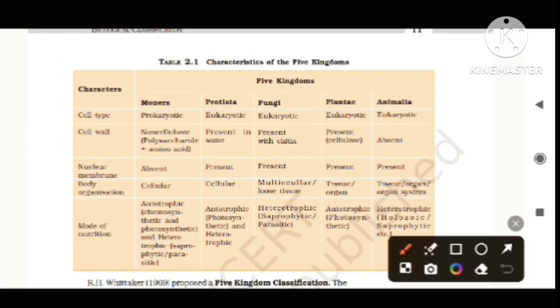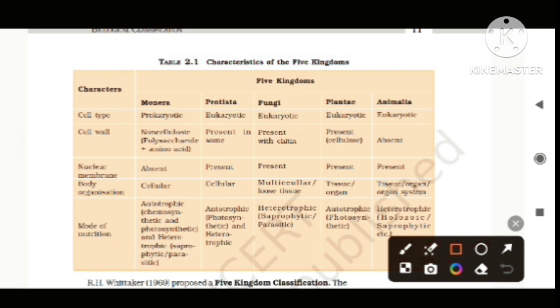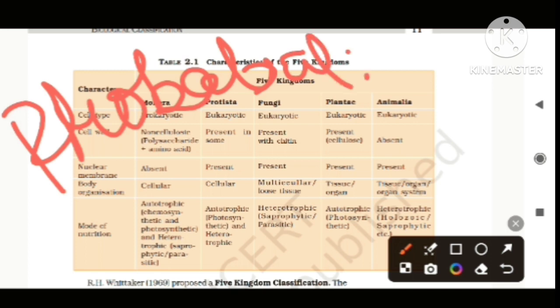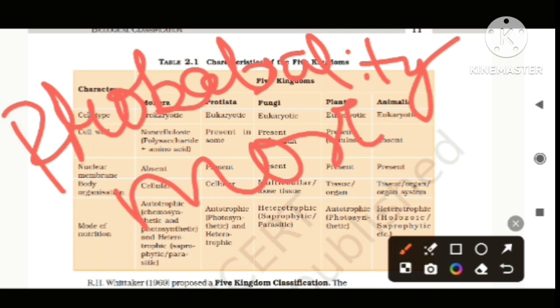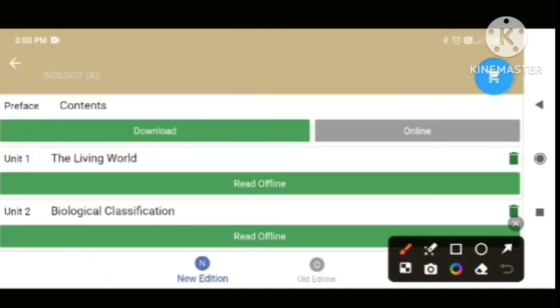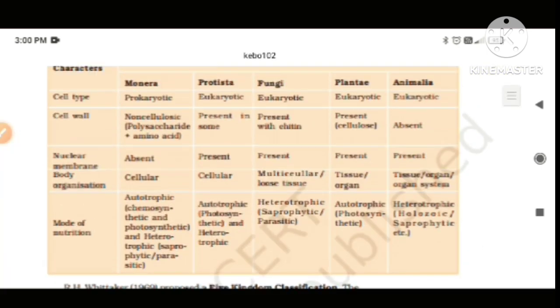This table is very important. Many questions are asked in board exams from this, and it has NEET PYQs also. It is the most important part for NEET, and you have to remember the whole box, because many PYQs were asked, and the probability of having questions from this table is most accurate. Next, I will teach you the table.